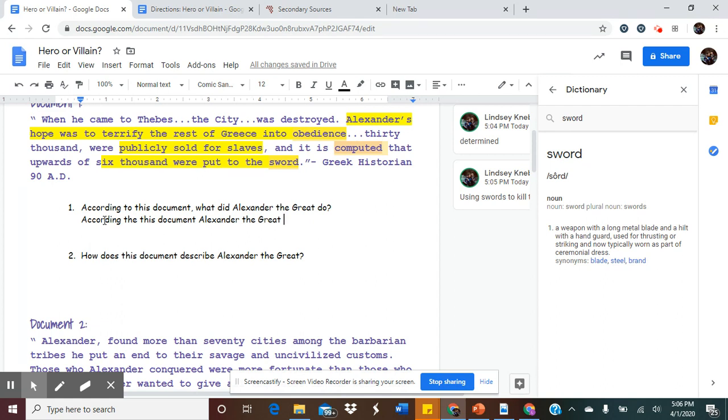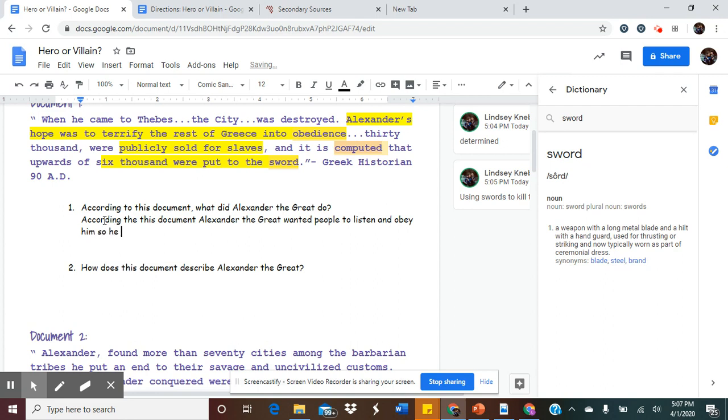He sold slaves, he killed people in a way to terrify people to listen to him. So, according to the document, Alexander the Great wanted people to listen and obey him.